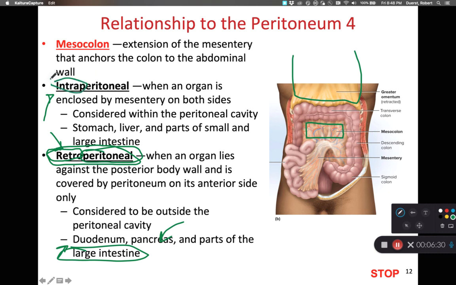When we think intra, think inside, and peritoneal refers to the membrane. So if the organ has a mesentery on both sides, anterior, posterior, it's going to be considered within the peritoneal cavity. Examples of digestive organs that are within the peritoneal cavity include the stomach, liver, and some parts of the small and large intestines.